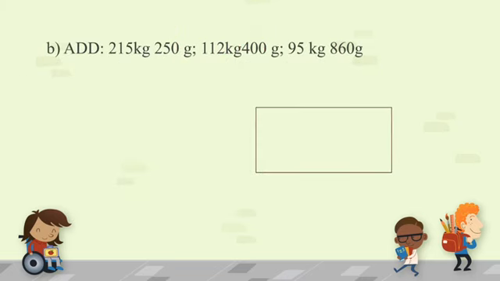Same way you will do for kilogram and gram, which are measures of mass. You will arrange the numbers in kg and gram columns: 215 in kg, 250 in gram column, 112 in kg and 400 in gram column, 95 in kg and 860 in gram column.